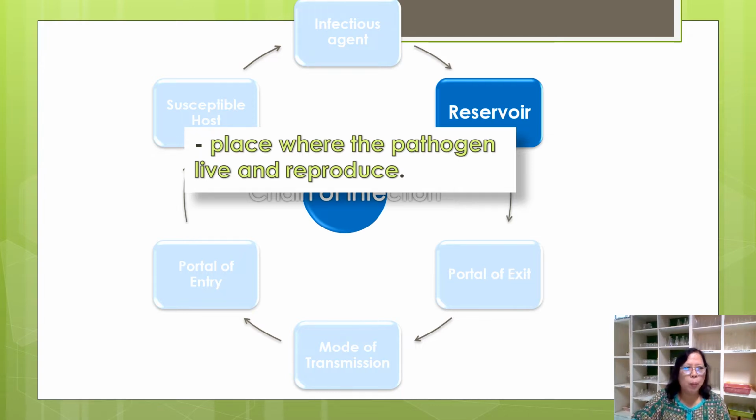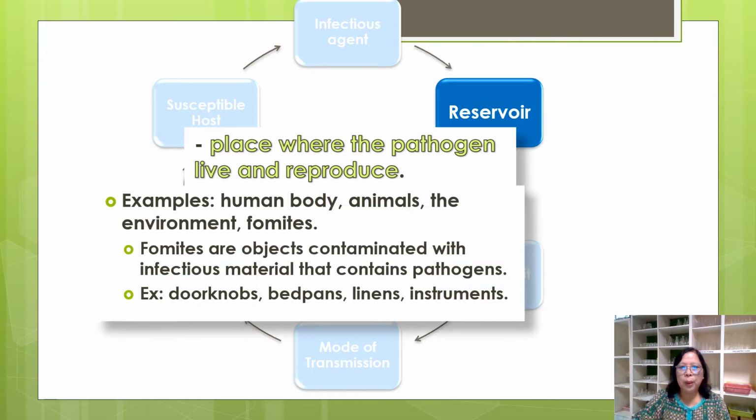The bottle of drinks that we are about to take in could also be a possible reservoir. It is an inanimate reservoir. Another is the handkerchief or even the ball pen that we are using or even the food that we are about to eat. These are possible reservoirs of microorganisms.